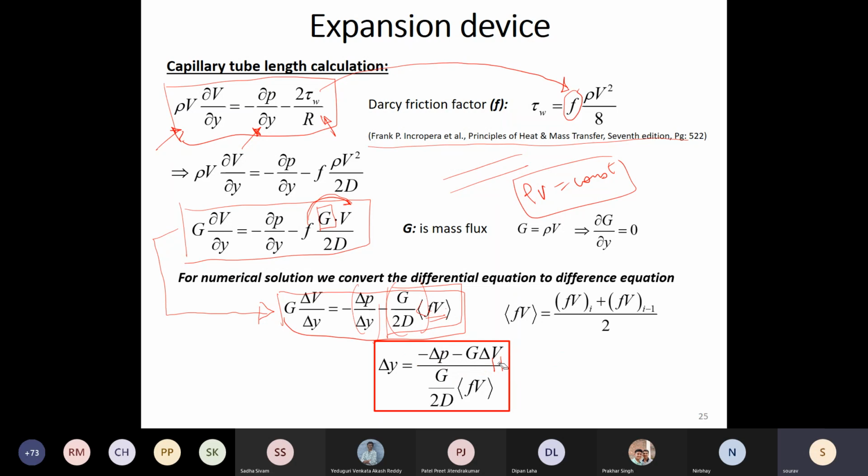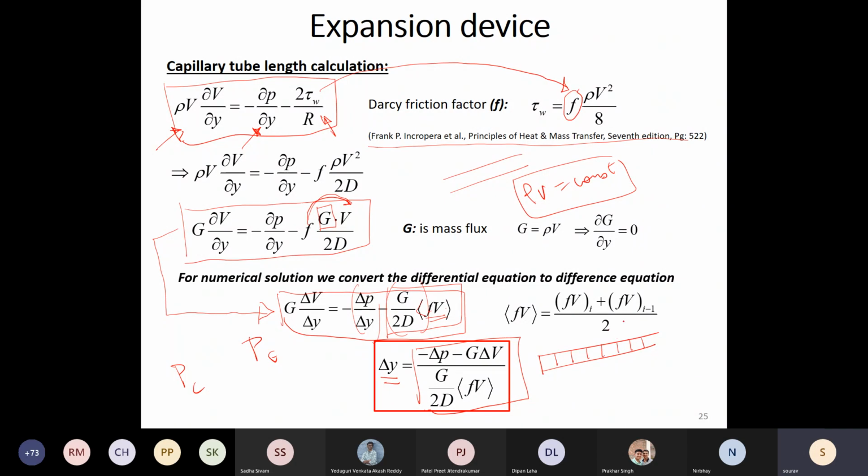And then I rearrange this expression and get delta y in terms of the other parameters. Why I am writing this in this form is because my task is to find out the length. Length is not given to me. What is given to me is the PC and PE. While explaining, I told you I will divide my capillary tube into small length segments.